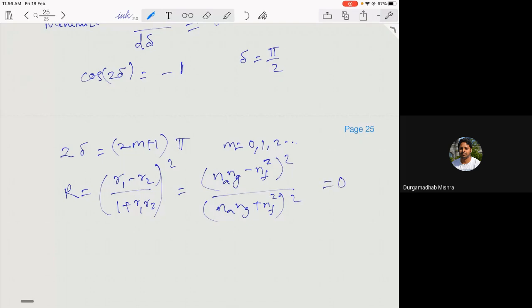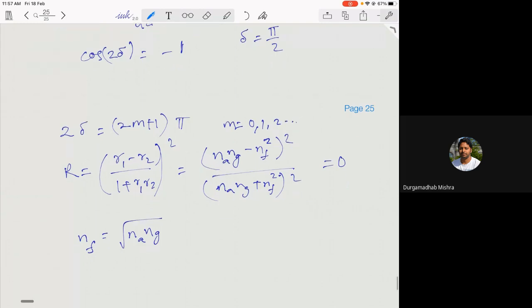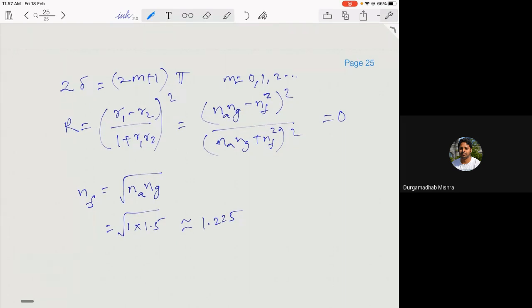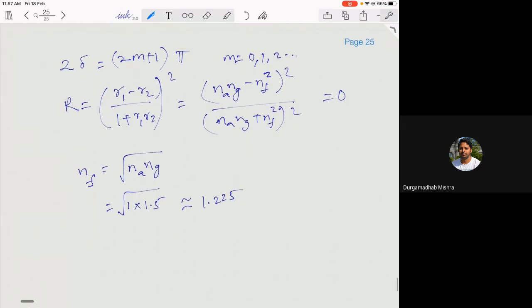That means your NF should be equal to square root of NA NG. So you choose a material whose refractive index is square root of NA into NG. If I take NA equal to 1 and NG equal to 1.5, I will have a value around 1.225. This is the ideal material you should use for the anti-reflection coating.